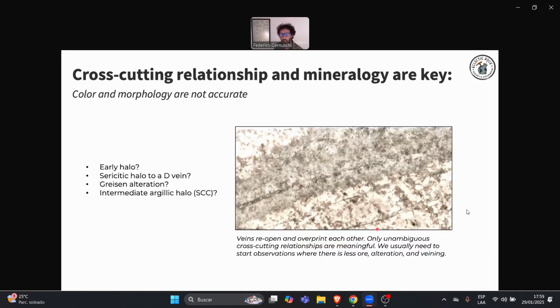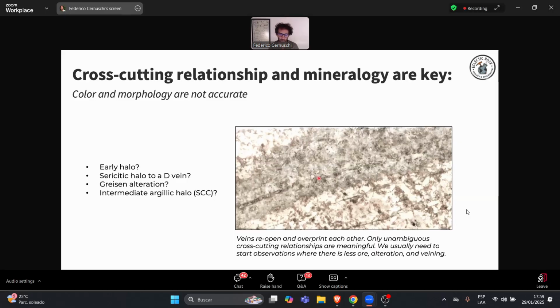It's not easy if you are in an exploration project and your first meter of core gives you that. You will struggle to know if that's an early halo or a sericitic halo to a D vein, or greisen alteration even, or intermediate argillic. And that's because we need to have those cross-cutting relationships. So this is something that needs to evolve as you do the exploration.